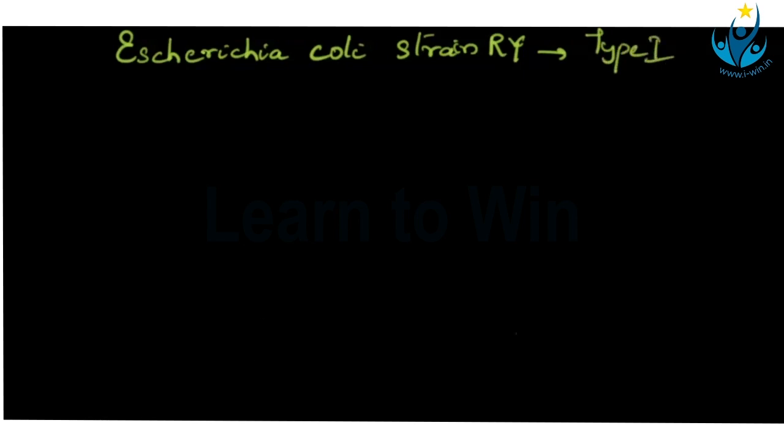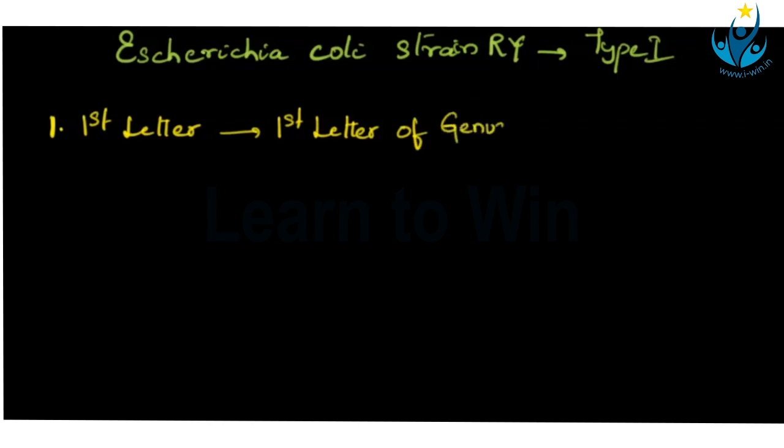Okay, so how are you going to name it? First thing is the first letter. The first letter of the name will be the first letter of the genus name. What is the first letter of the genus name? E. So it is E.